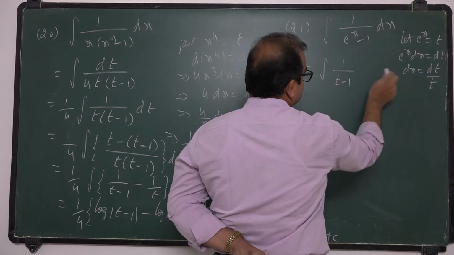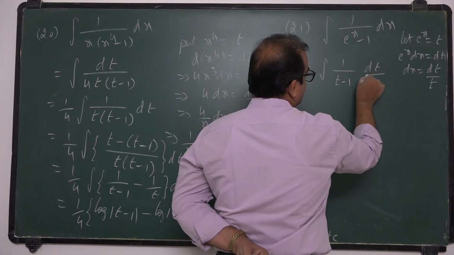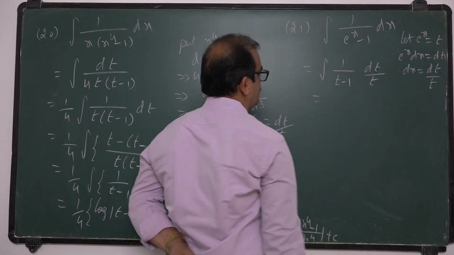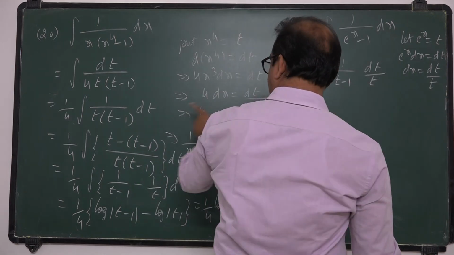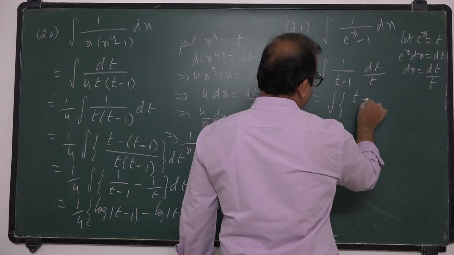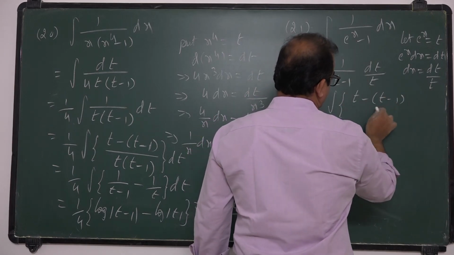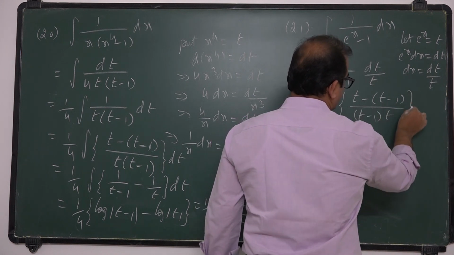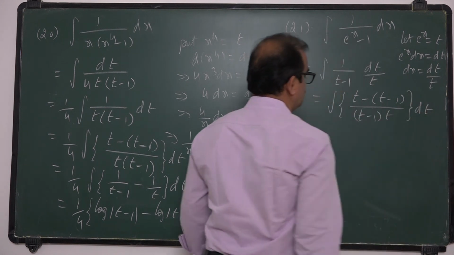into dx. What is dx? dt by t. So 1 by t minus 1 into t. Here also write this as integral of, one is taken as t minus of t minus 1, by t minus 1 into t.